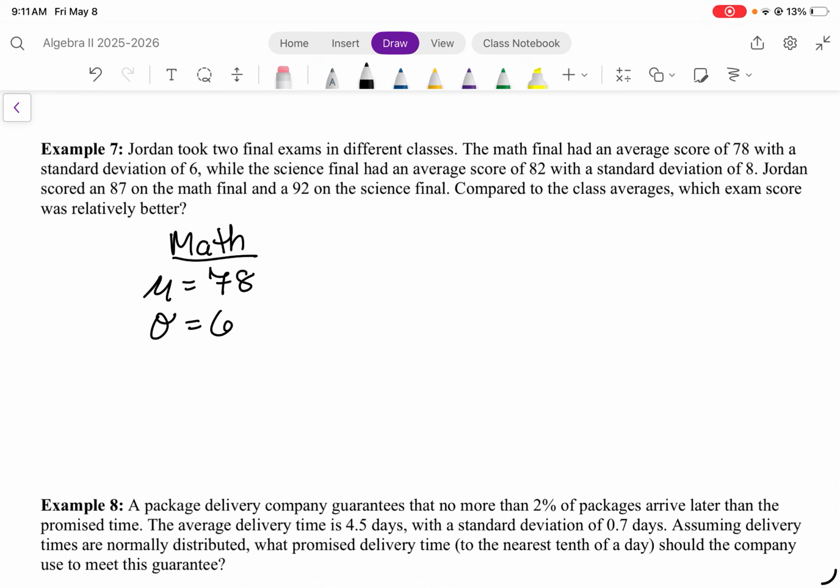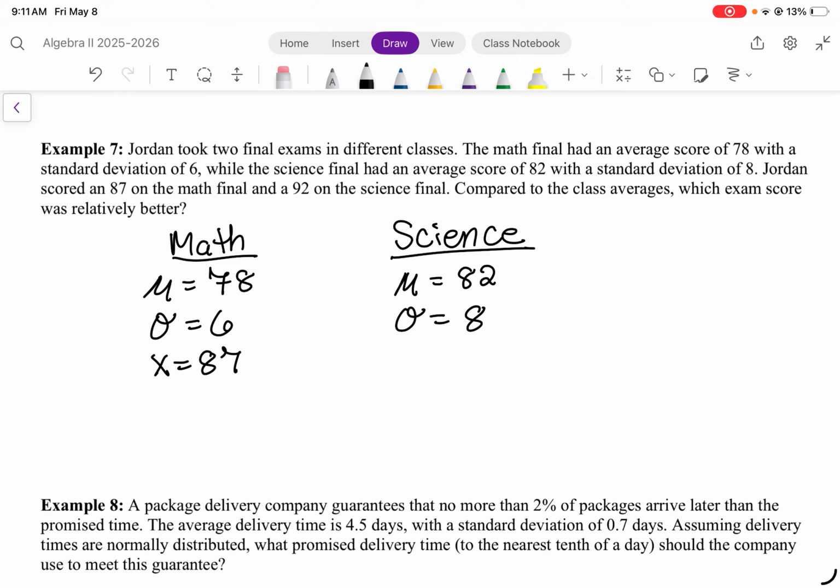While the science final, so that was our second one, had an average score of 82 with a standard deviation of 8. Jordan scored an 87 on the math final and a 92 on the science. Compared to the class average, which exam score was relatively better?